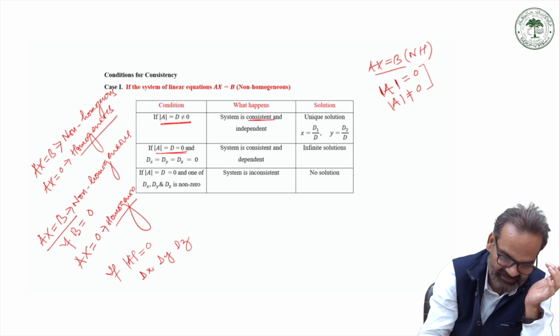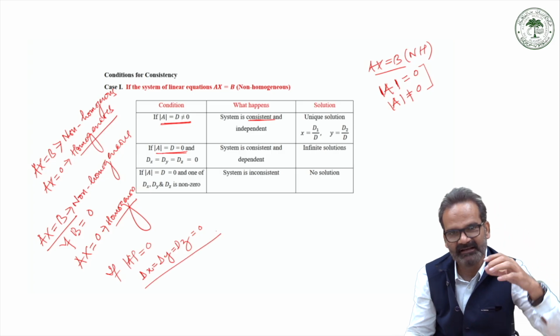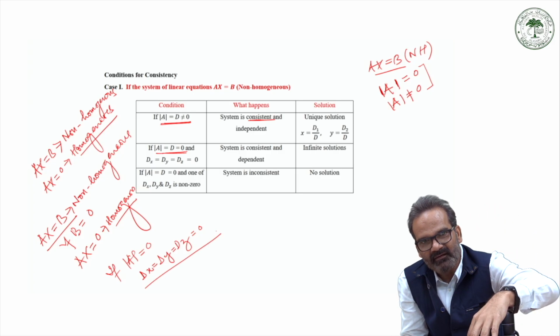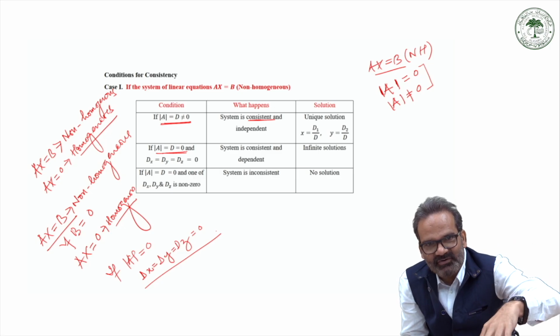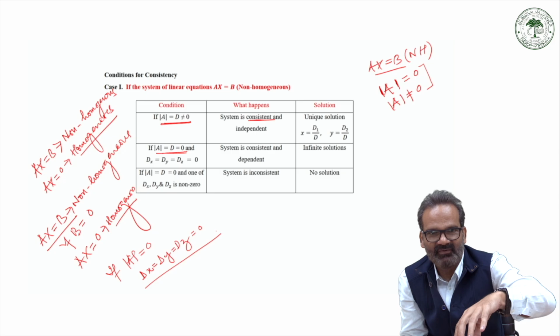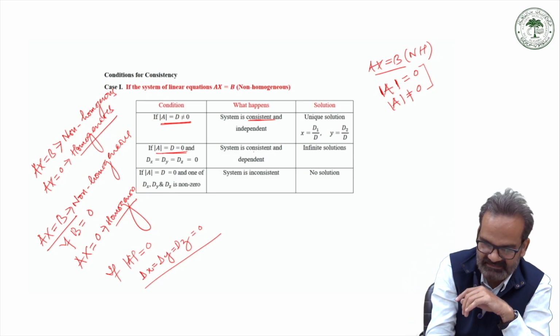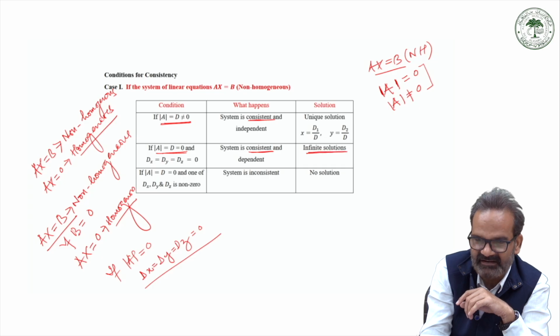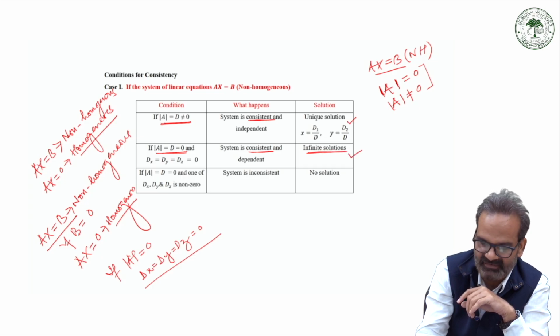If dx equals 0, dy equals 0 and dz equals 0, along with the determinant of A being 0, then the system is still consistent and it will have infinitely many solutions. So this is the case of unique, and this is the case of infinite.